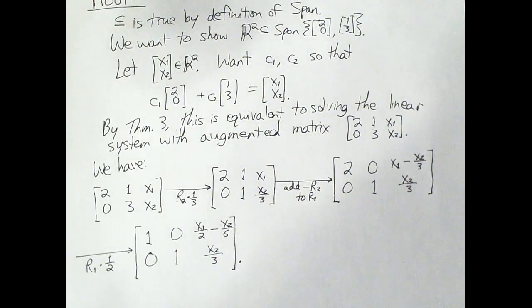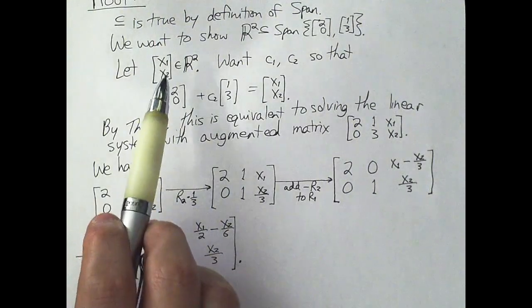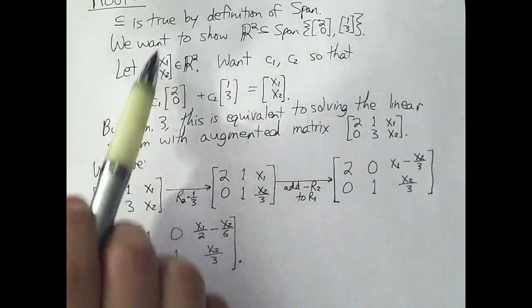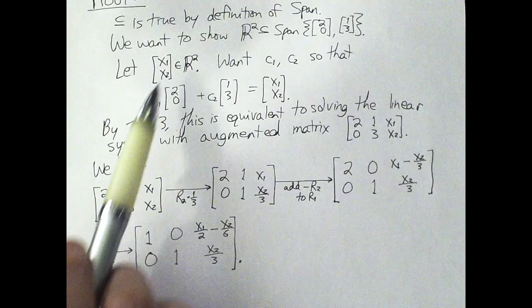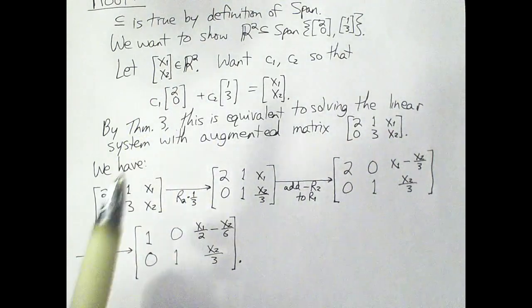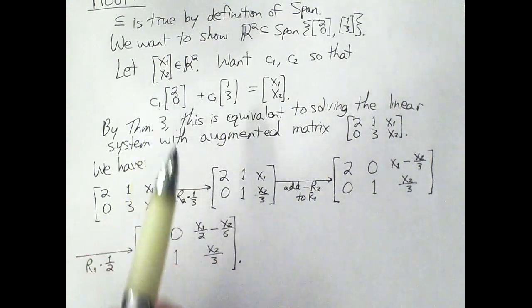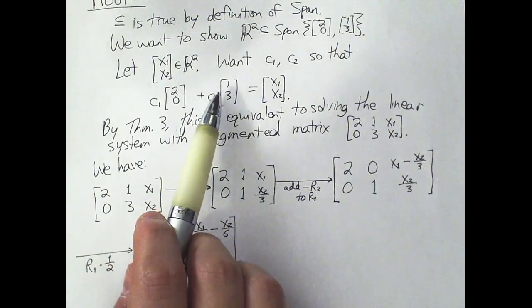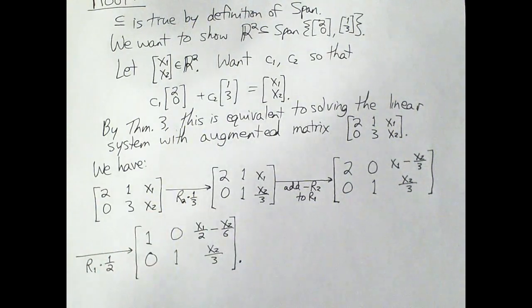Did we solve the system? Did we find c1 and c2? Well, remember that x1 and x2 were just left as unknowns. This is an arbitrary vector in R2. So if we were going to try to find c1 and c2, the best that we could hope for is to find c1 in terms of x1 and x2, and c2 in terms of x1 and x2.